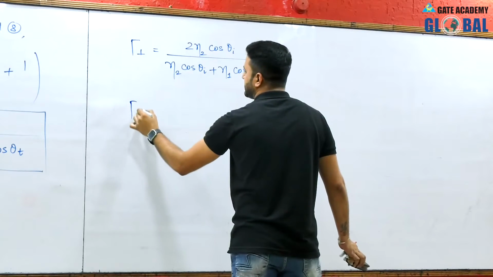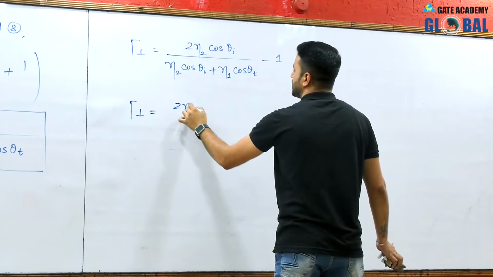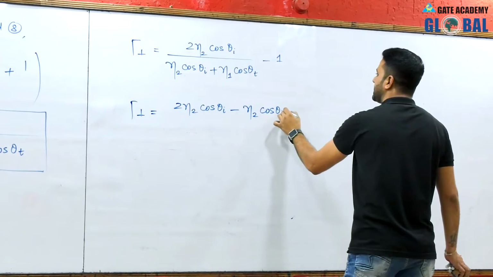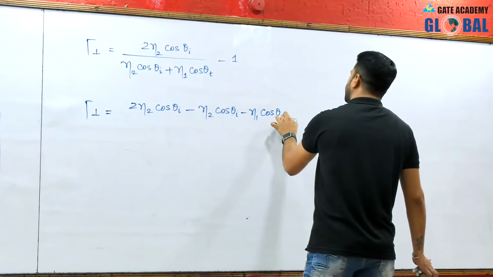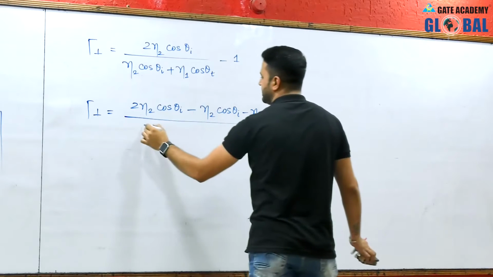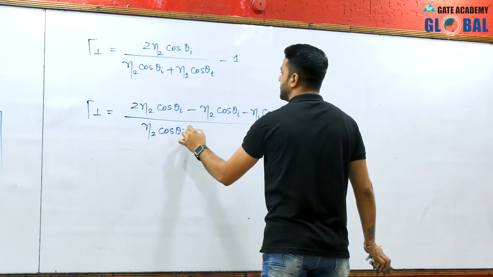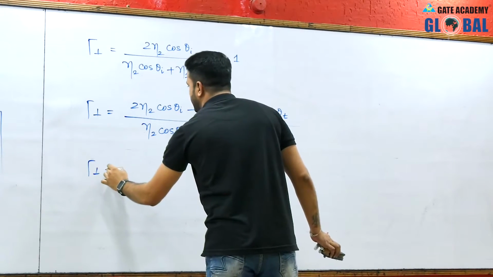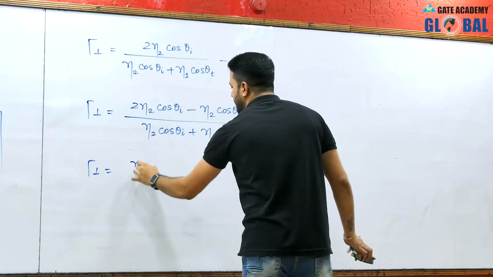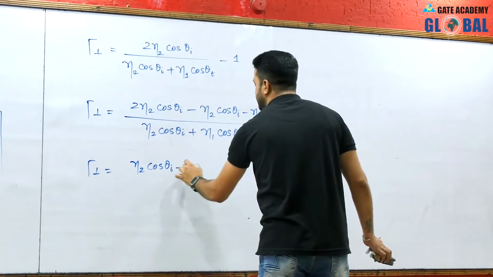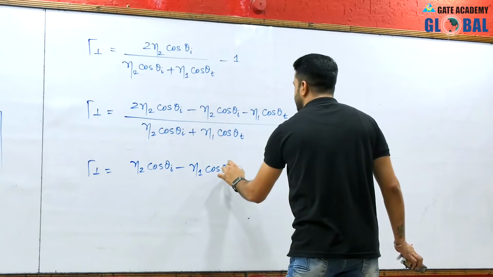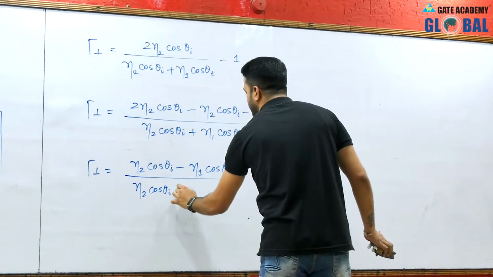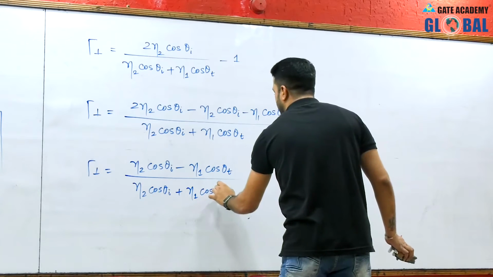So when we subtract it, this gamma perpendicular is 2 eta 2 cos theta I minus eta 2 cos theta I minus eta 1 cos theta t, and whole divided by eta 2 cos theta I plus eta 1 cos theta t. And this 2 eta 2 and this eta 2 will get cancelled and we get eta 2 cos theta I minus eta 1 cos theta t divided by eta 2 cos theta I plus eta 1 cos theta t.